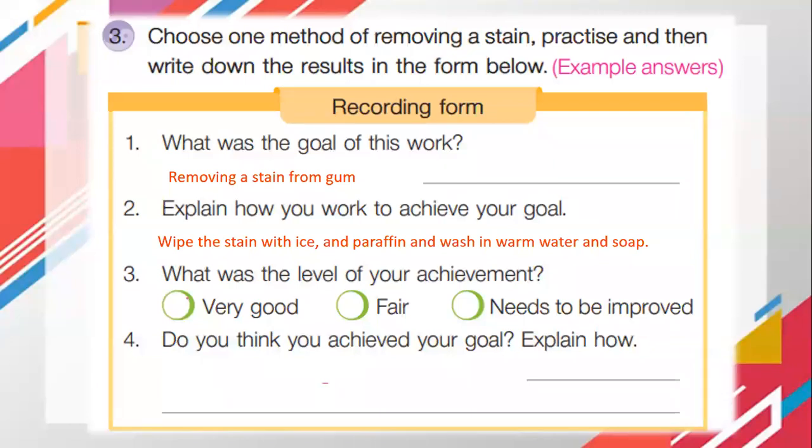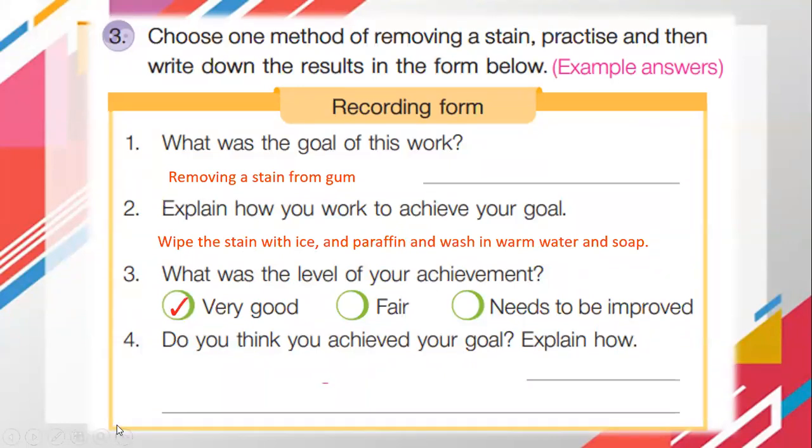Okay, number 3, what was the level of your achievement? If we follow this method to remove the stain of gum, what will be the result? Very good, fair, or need to be improved? What do you think? Very good. Exactly, because this is the right way to remove the stain of gum.